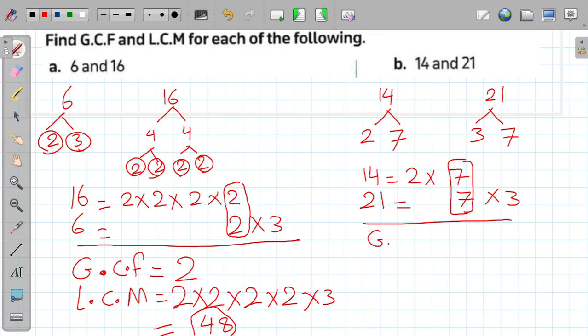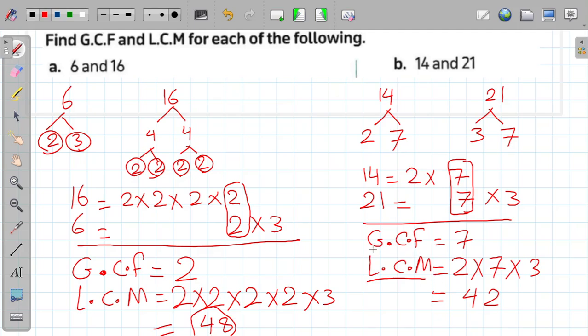So the greatest common factor here will be just 7. And the least common multiple here will be, I have 1, 2, 3 prime factors: 2 by 7 by 3. 2 by 7 equals 14. 14 by 3 equals 42. So 42 is the least common multiple.